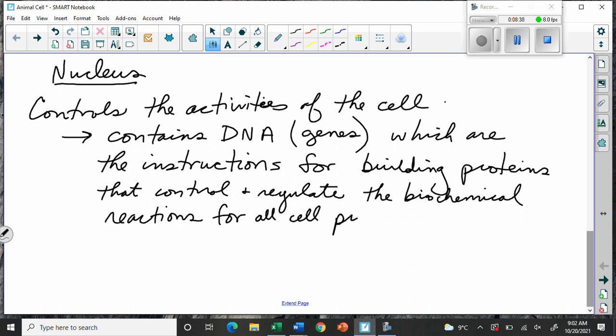So everything a cell does is somehow related to some kind of chemical reaction that's happening inside, and the chemical reactions are controlled by the proteins. Remember, when they do this, the proteins have a special name. They're called enzymes. Enzymes, which are like catalysts, right?